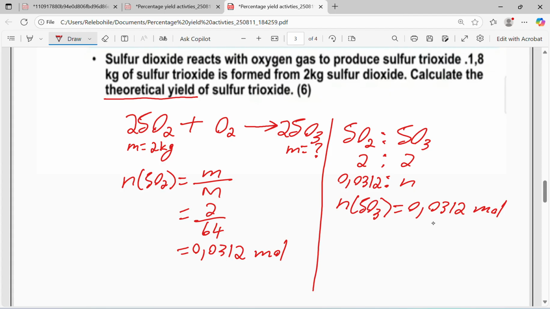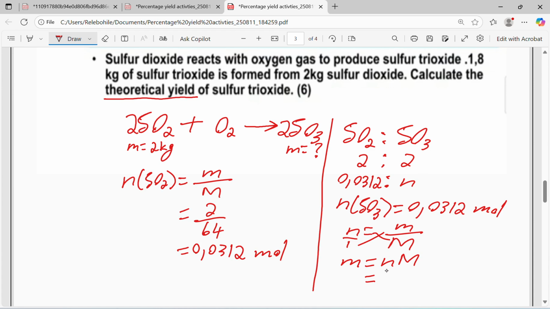And then once I've found this number of moles, what am I doing to proceed? I will use this number of moles of SO3 to find the mass of SO3. And the formula I'm going to use to do that is n is equal to small m over big M. Then I will make m my subject of the formula. So when I say m times 1, I get m is equal to, if I cross multiply, n times M, which is n big M. Then from here, I will now find the mass of SO3.